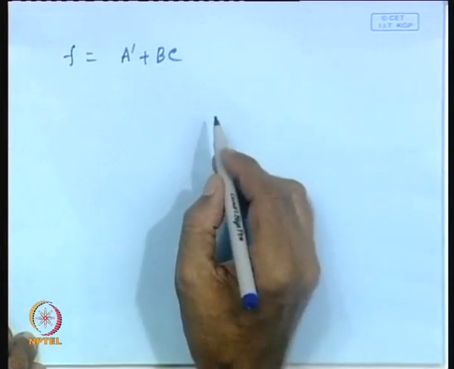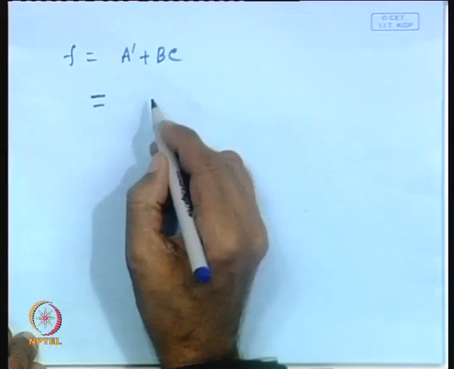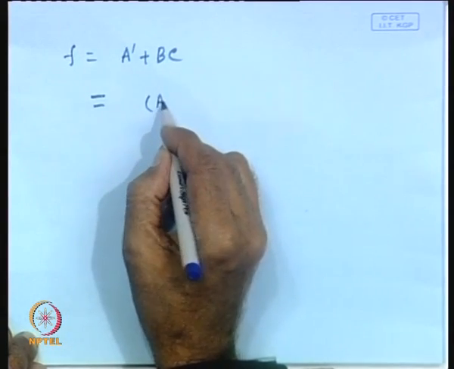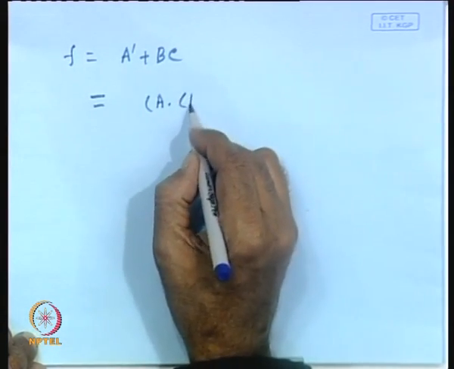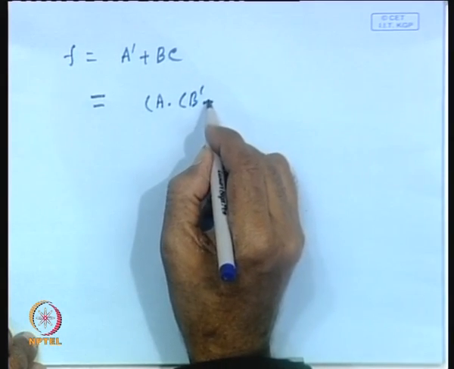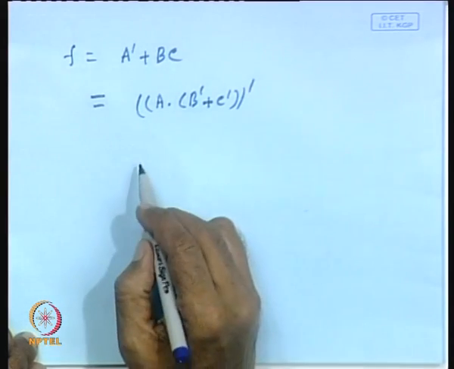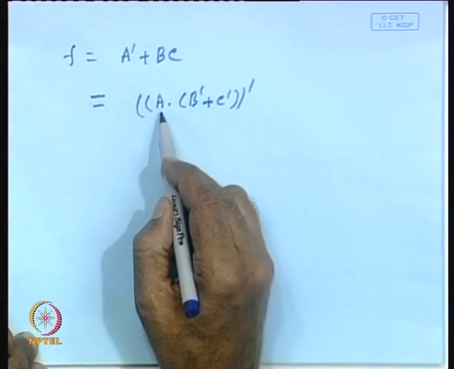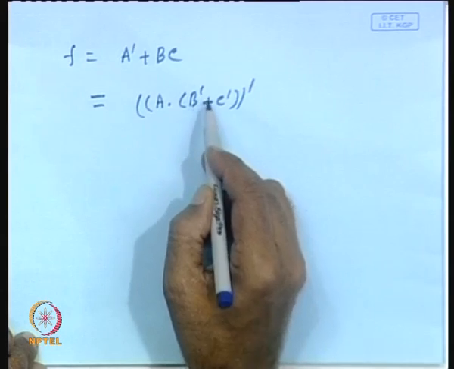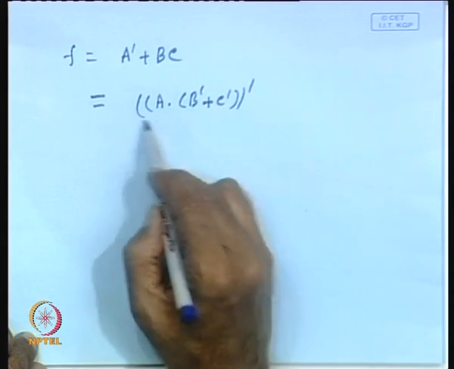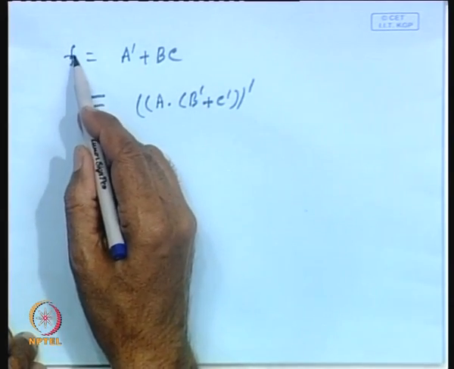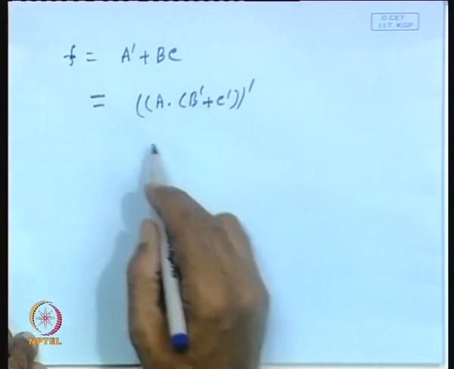So, this can be expressed in this form: A dot B or C, and then you complement it. So, the complement is A and B dash plus C dash, and then the complement of this is how F can be represented. So, what is the corresponding realization?